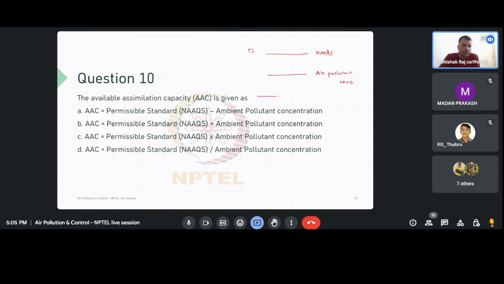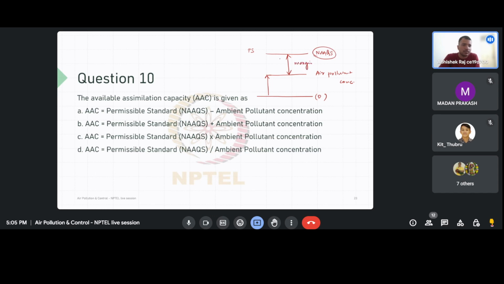Right now, let's say this is the zero level, so we have this much pollutant concentration in the atmosphere. What we can do is pollute it this much more so that we reach the standard. So this much more is the margin of safety we have left. After that, we will start violating the standard and it will start affecting people, animals, flora and fauna, everything in the region. So this much margin we still have left.